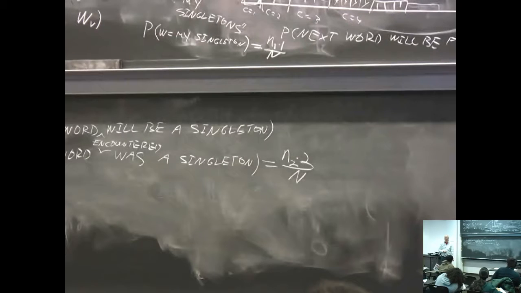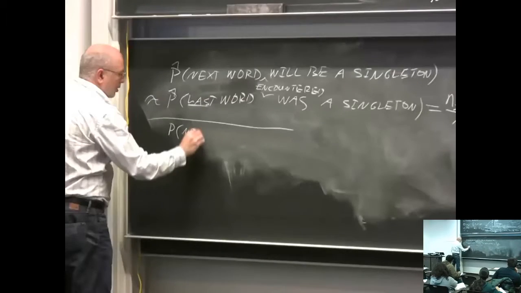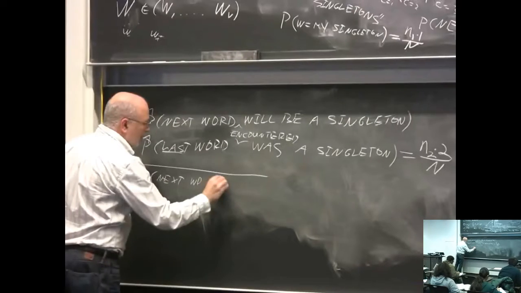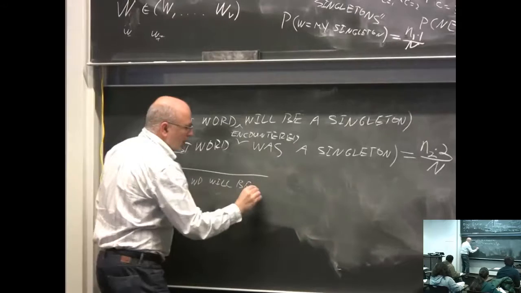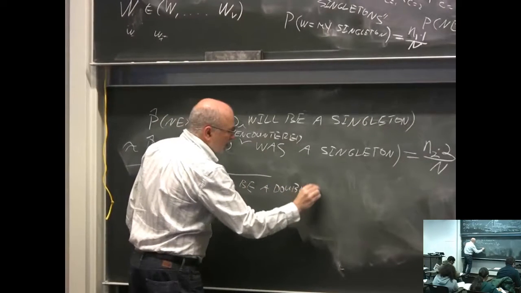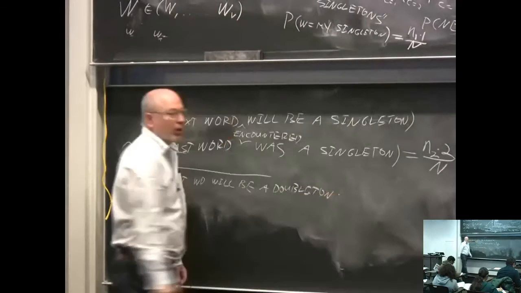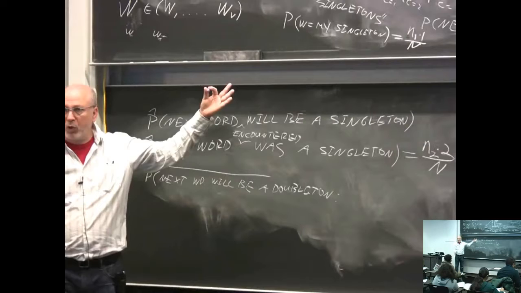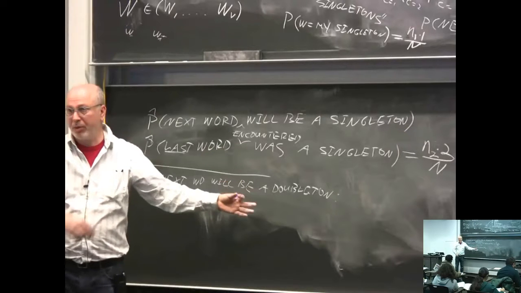You can use the same idea to answer the question, what is the probability that the next word will be a doubleton? By will be a doubleton, I mean will be a word that is currently classified as a doubleton. Of course, once we encounter it, it will become a tripleton.